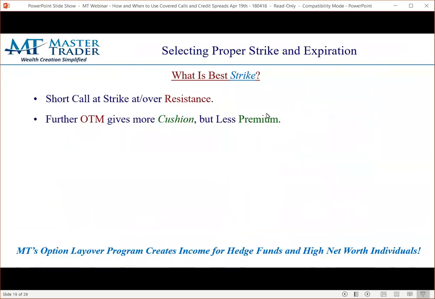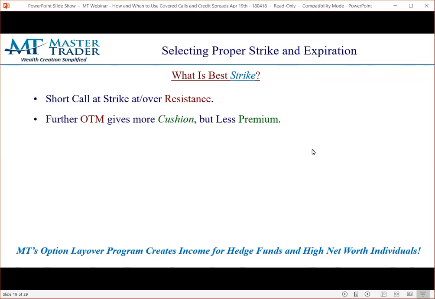Selecting the proper strike and expiration. What strike price? I've shown you in the charts which ones we teach, but you want to sell them at or over resistance. The further OTM, meaning out of the money, gives you more cushion if the stock bounces, because remember, we just want these to expire worthless for our full profit.